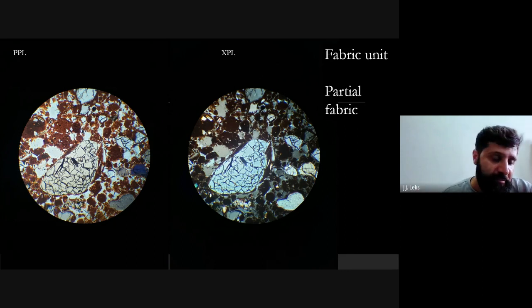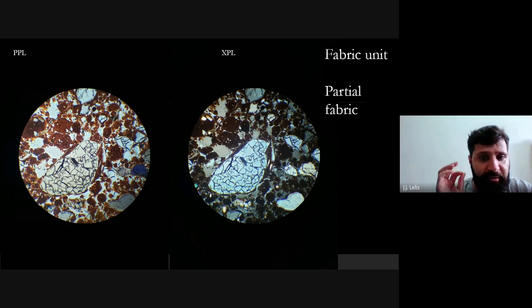And I can compare fractions: the fine fraction could be a partial fabric, and the coarse fraction could be a partial fabric. Voids could be a partial fabric, but a specific type of void can also be a partial fabric. For example, planar voids are a specific partial fabric, and they differ from packing voids.